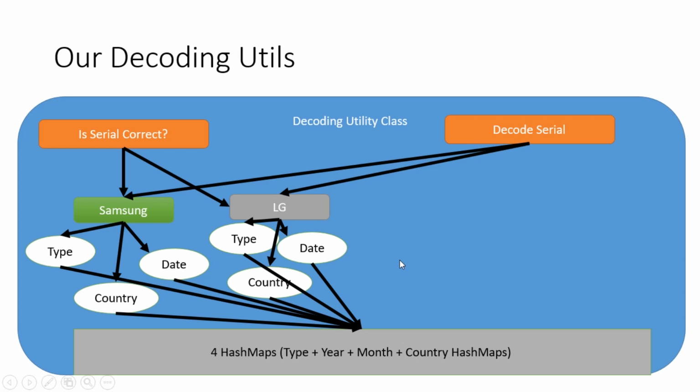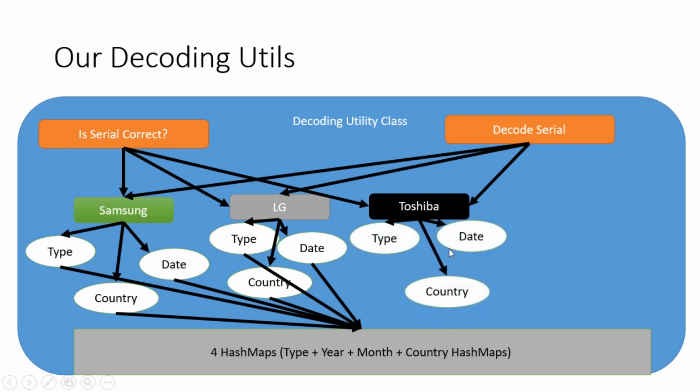That's tight coupling. So what happens if we add another brand, let's say Toshiba? After adding Toshiba, we will have another connection with is serial correct and decode serial. After the connection, we will need the same type, date and country, and those three variables will be required to have a connection with the hash maps.